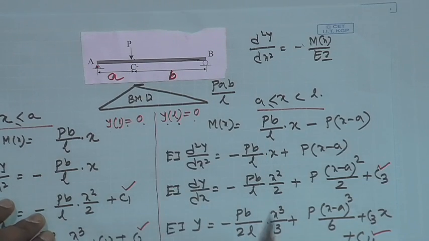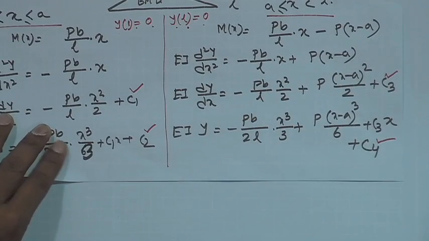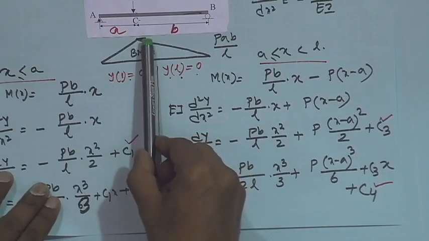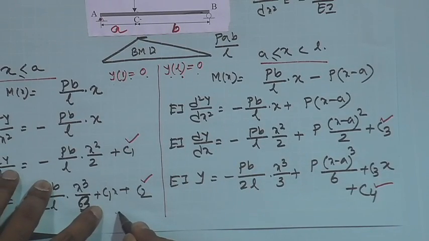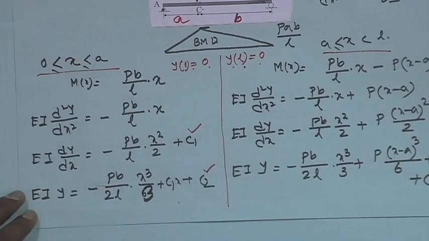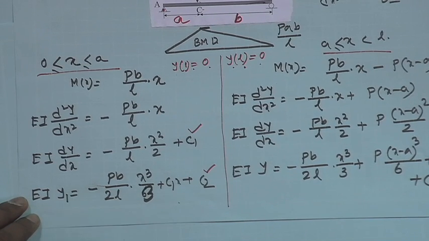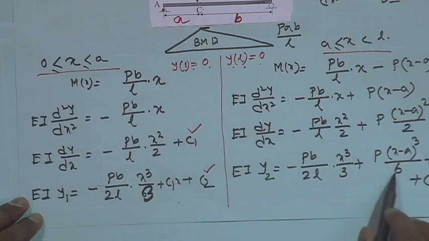So, the other two boundary conditions we have are at this point. Suppose this expression is y1 and this expression is y2.